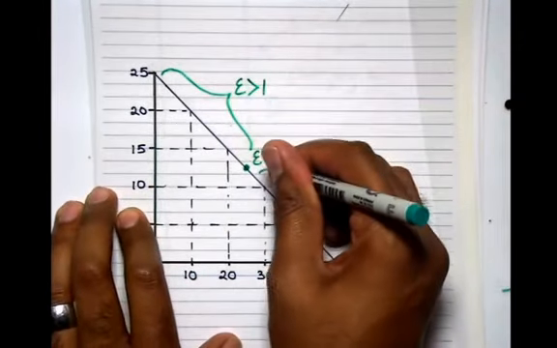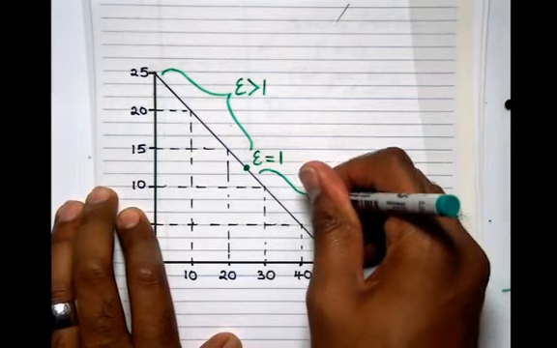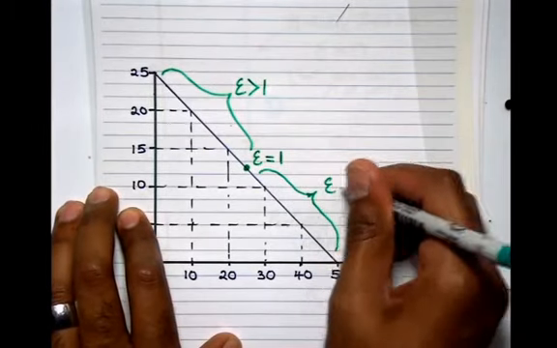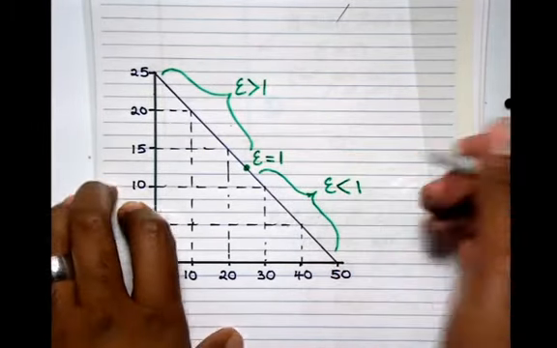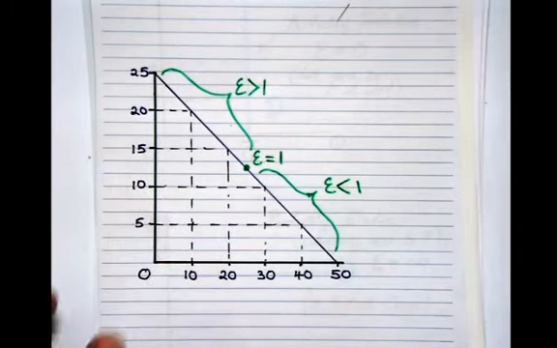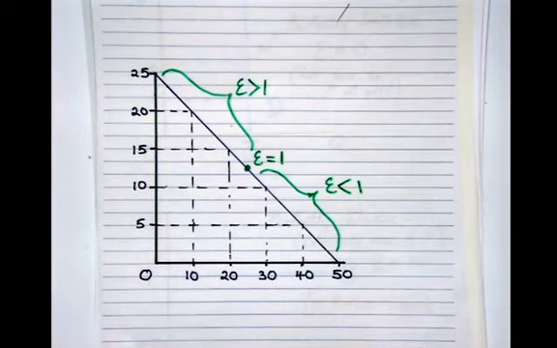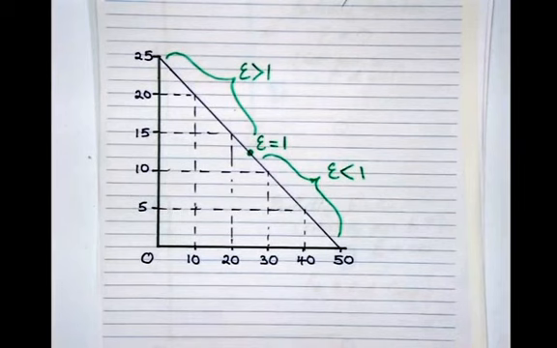And if you look at the bottom, all the answers are less than 1. And that's not just for this example. These results are true for any linear demand curve.